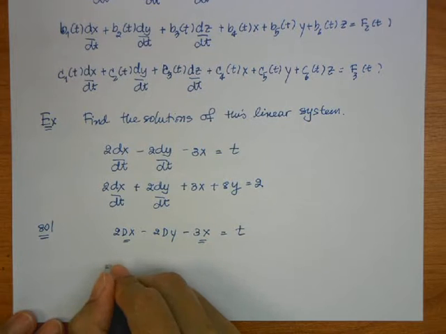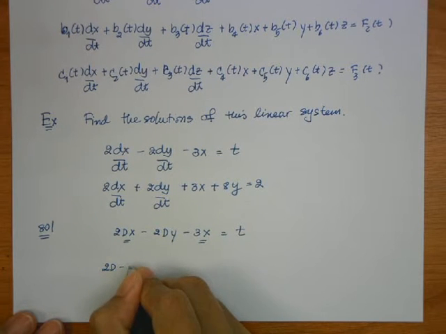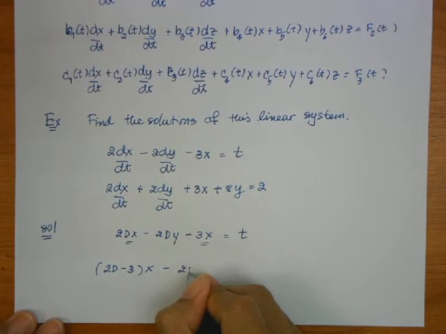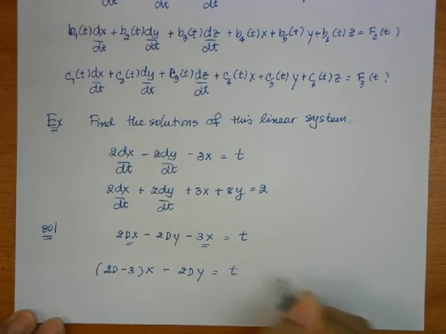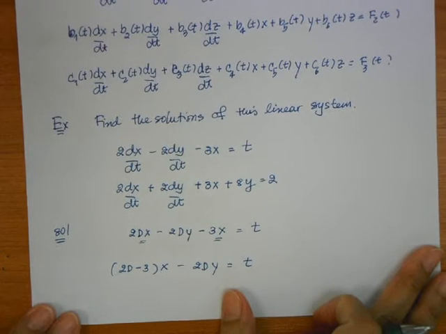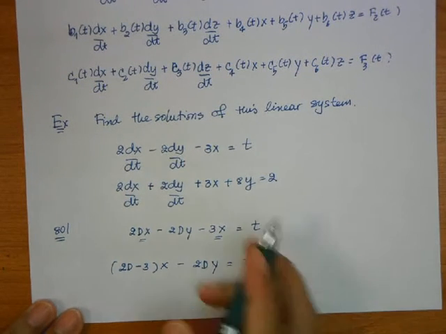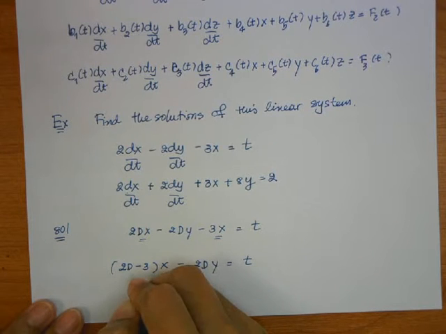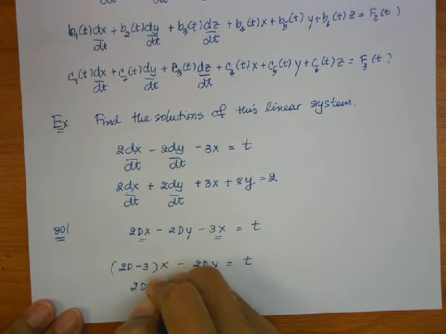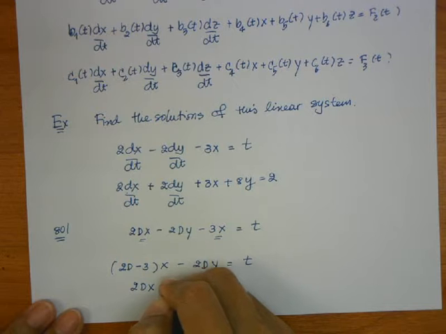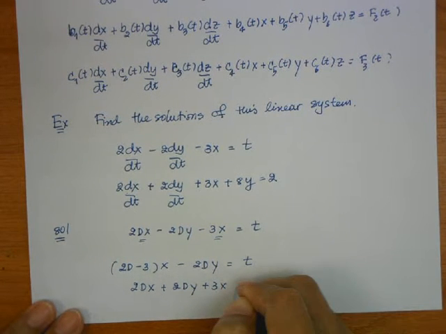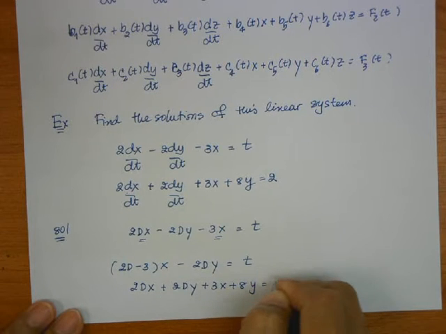So we would get (2D minus 3) times x, and for our second differential equation, we write it in terms of operator D. So we would get 2Dx plus 2Dy plus 3x plus 8y is equal to 2.